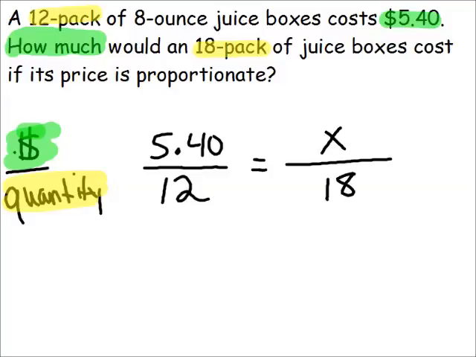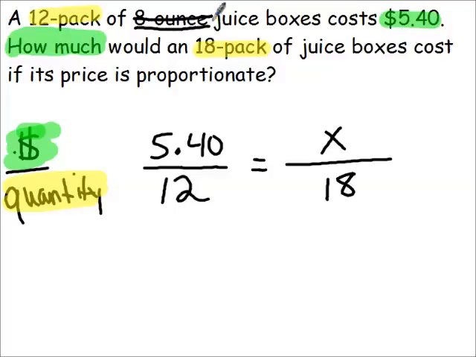Okay, there was a piece of extra information here, which was 8 ounces. That might have tricked you. That information is not needed because we're basing the information on how many juice boxes you get in a pack. And so the quantity is the important information here, along with the cost.